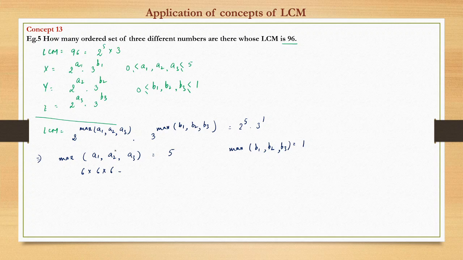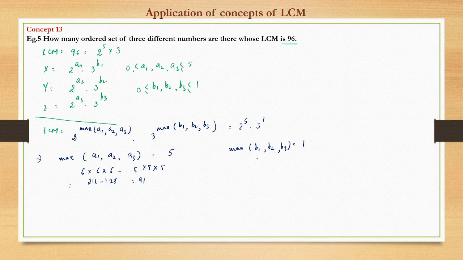So a1, a2, a3 end up taking values from 0, 1, 2, 3 and 4 only. So we have 5 cases for all the three. So this becomes 216 minus 125, which is nothing but 91.